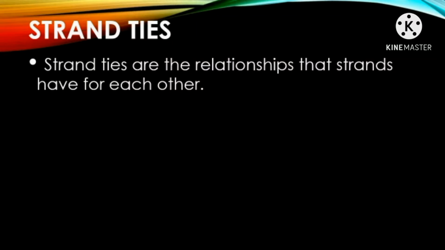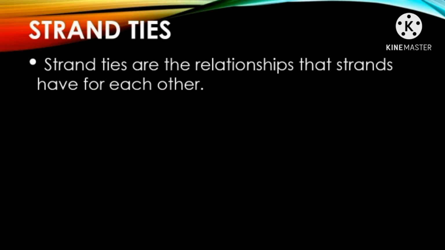And the last one is the strand ties. Strand ties are the relationships that strands have for each other. In the same selection, two strand ties are important for the meaning of the story: that the king and queen are both rulers of the kingdom, and that they are the parents of the three princes, Don Pedro, Don Diego, and Don Juan.